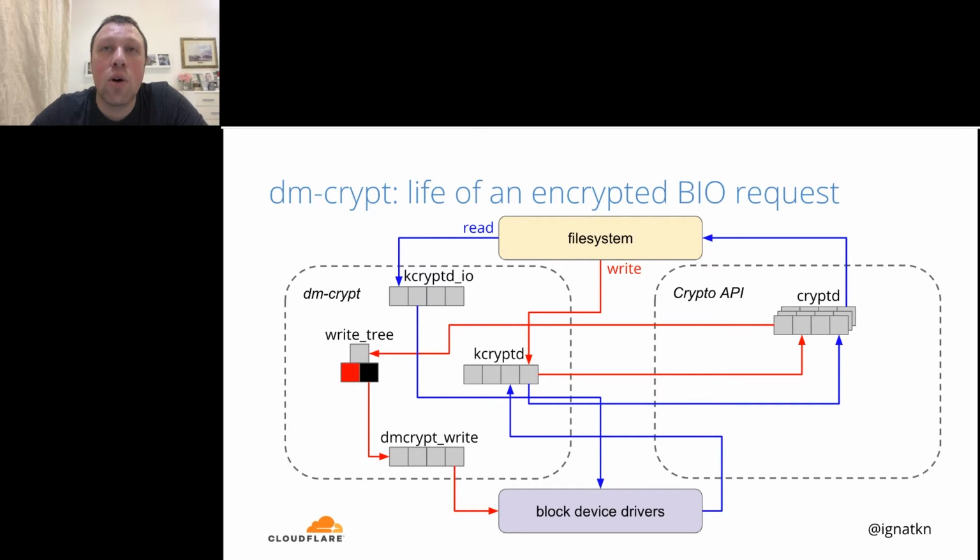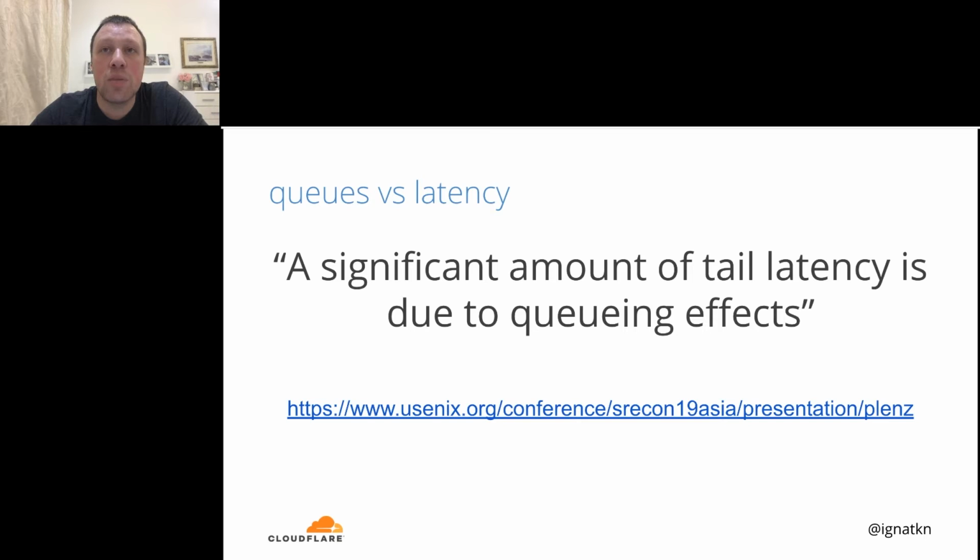Well, that's a lot of queuing for simply handling one request, like a read or write request. And this whole queuing reminded me of a nice presentation I saw at SRECon, Usenix SRECon in Singapore from Google.